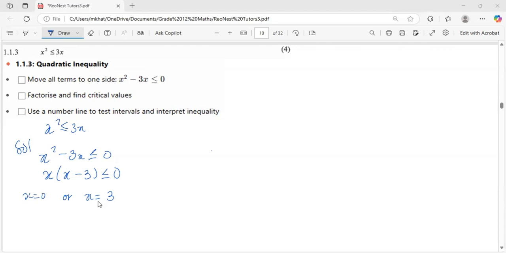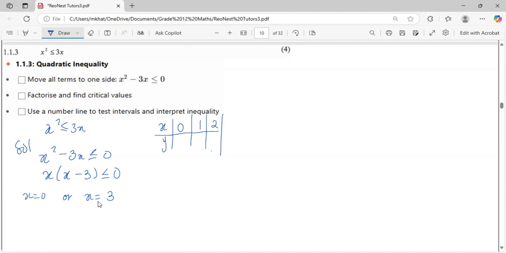So now I'm going to write. Firstly, I'll draw a table so that I can draw my number line to test the interval. So it starts from 0, 1, 2, until 3. When x is 0, I'm going to substitute it into this equation. So when x is 0, y is 0.